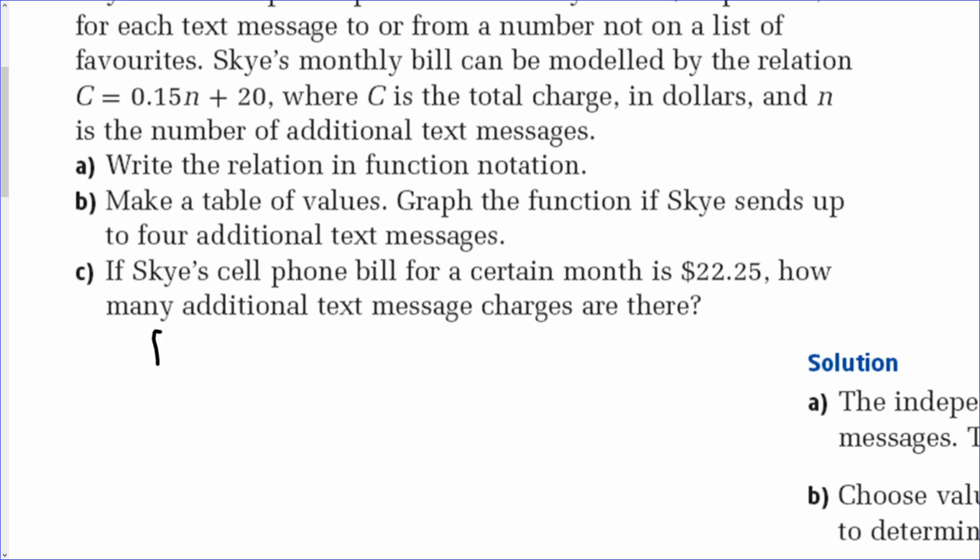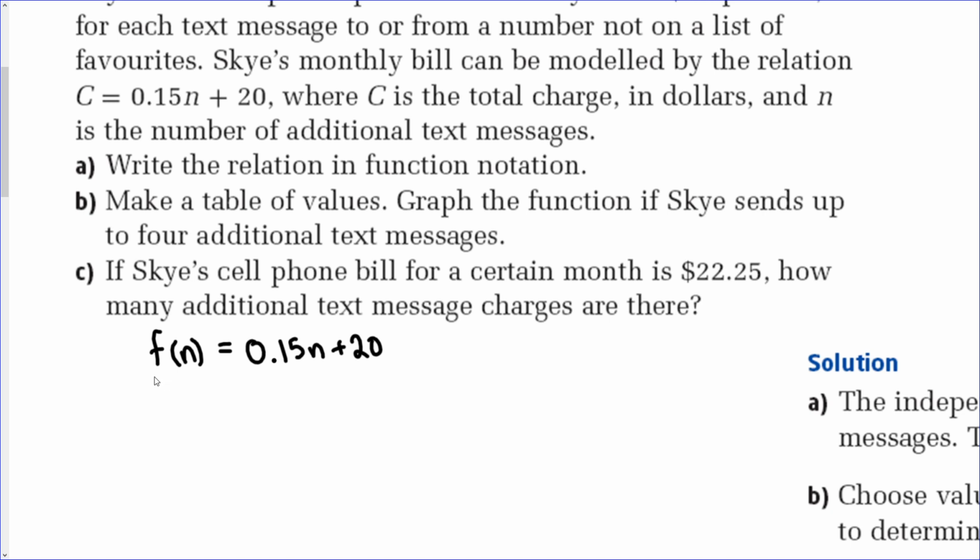We're going to say F at n, because n is the number of text messages that we are concerned about. So F at n, the function at n, is equal to 0.15n plus 20. So we've rewritten our equation as a function equation.